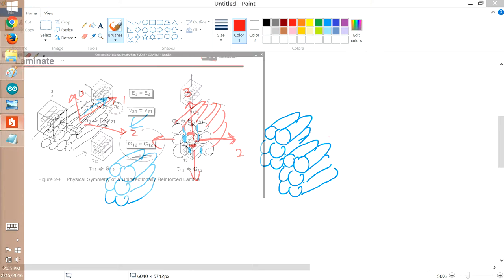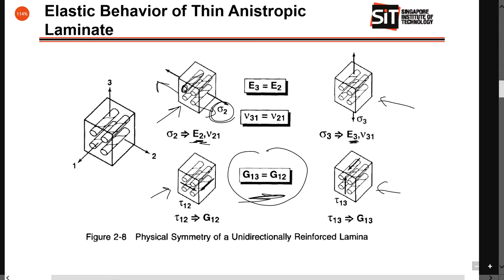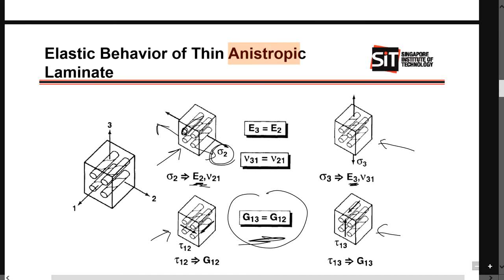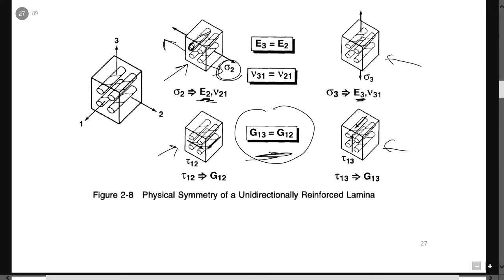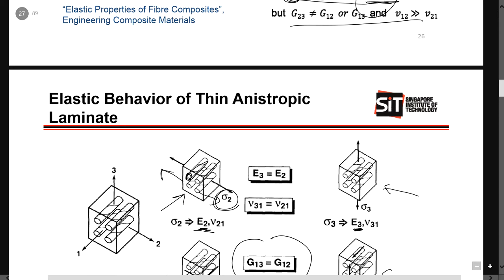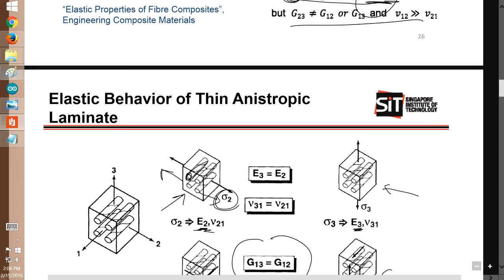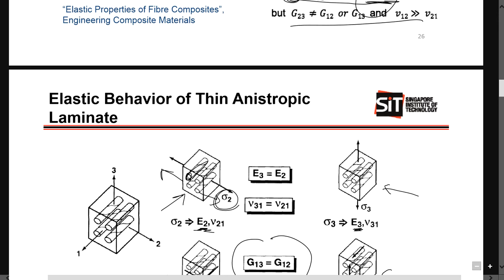And therefore this is what this page is trying to say. I just want to bring up the understanding that anisotropic and unidirectional are similar definitions, or the same meaning. And there's another word called orthographic.